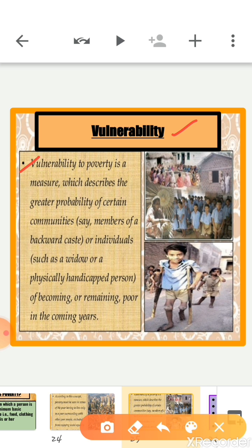Vulnerability is determined by the options available to different communities for finding an alternative living in terms of assets, education, health, and job opportunities. Okay, children?